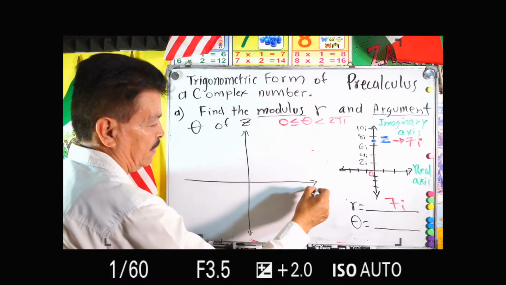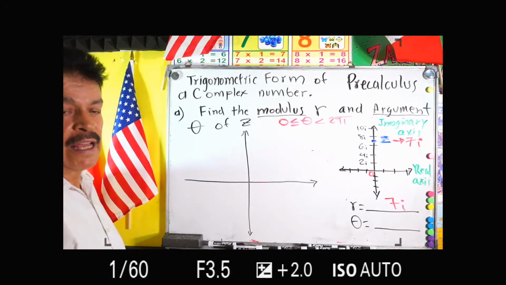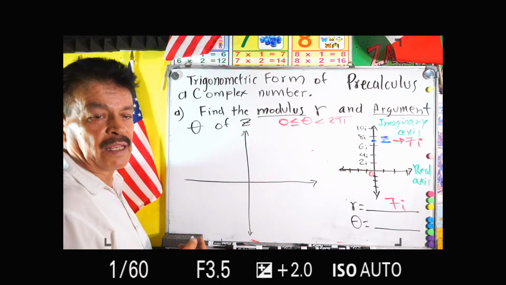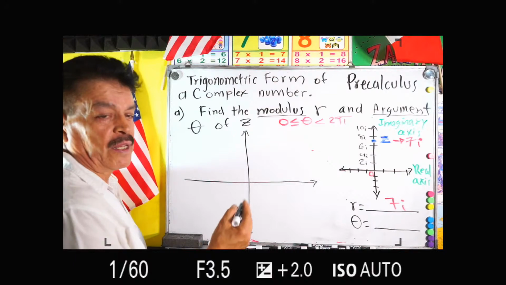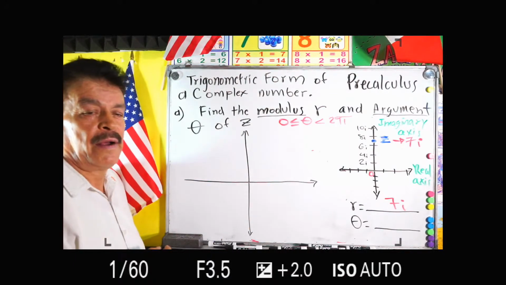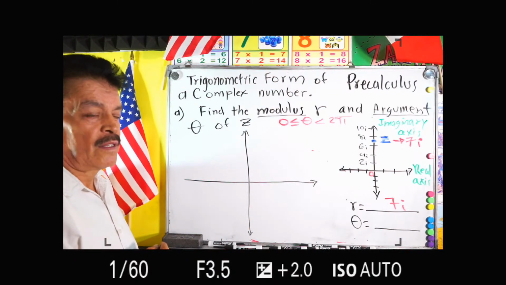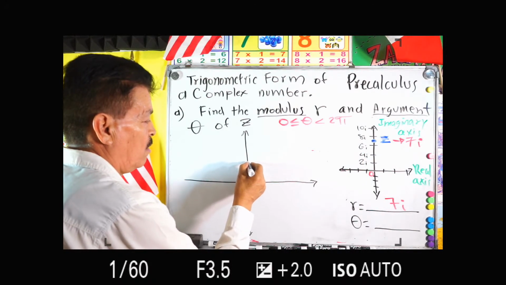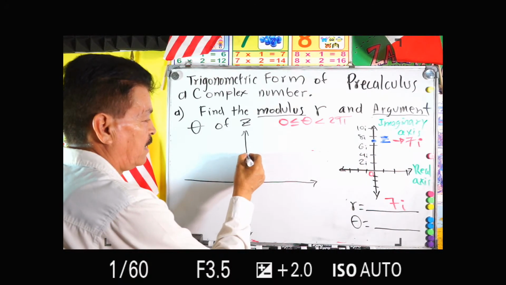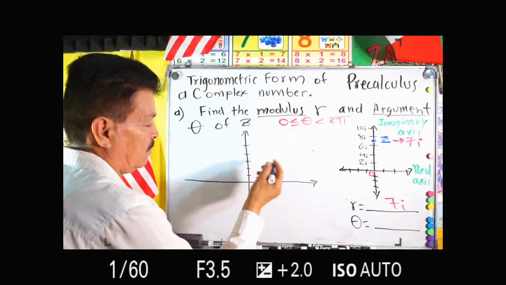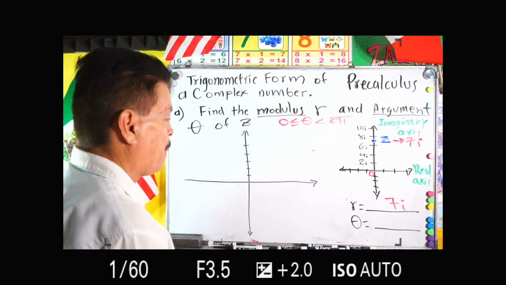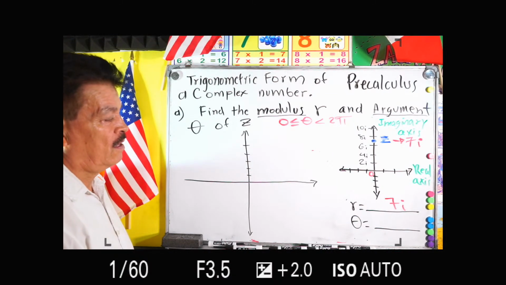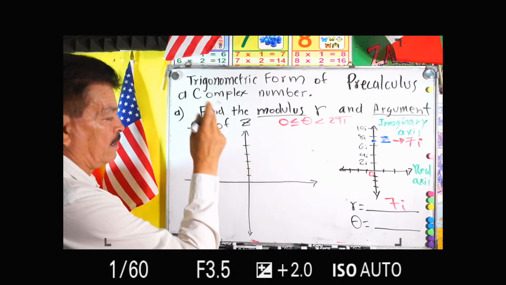I will divide my graph into sections, 2, 4, 6, 8, 10, whatever, like that. 1, 2, 3, 4, 5.